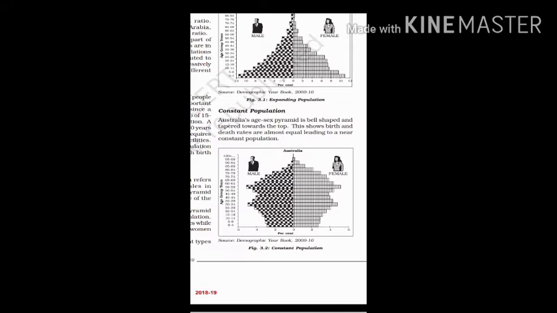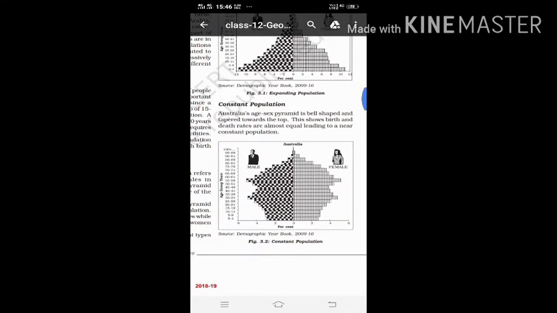Now comes constant population. Constant population is a type where the base and the top are almost the same. See, as you can see, from 0 to 4 and 10 to 14, it is a little wider, and you can see that after the aging population, that is from 60 years, it is also this much wider.